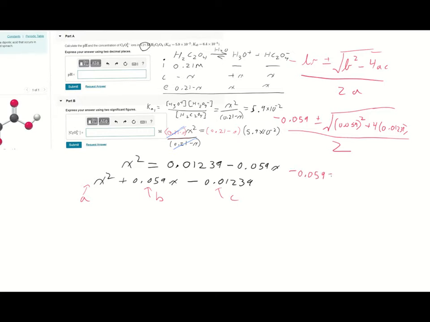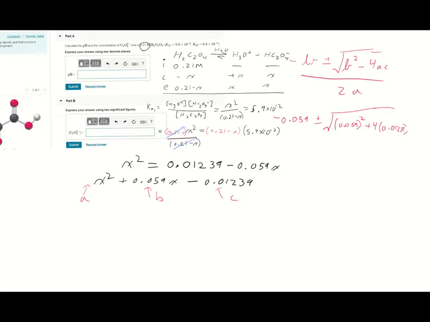Now I punch it into my calculator: negative 0.059 plus or minus the square root of that quantity, and that gives me plus or minus 0.2303, divided by 2.